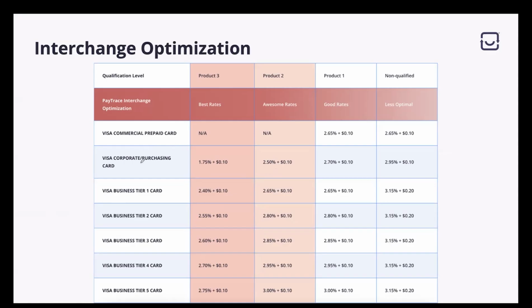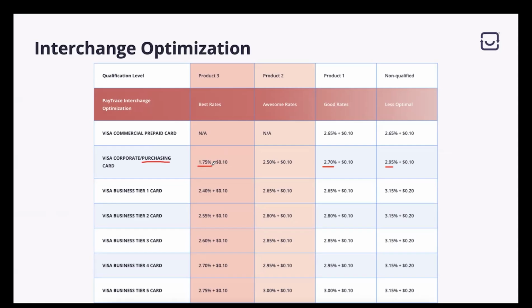So as an example, if a business is accepting a lot of Visa purchasing cards today and they're not doing any extra data entry to it, they're probably paying 2.7% to about 3% on those transactions. With PayTrace and our QuickBooks Online solution, we're able to help pass along a lot of that enriched line item detail to the card brands, which can get that hard cost down to as low as 1.75%.